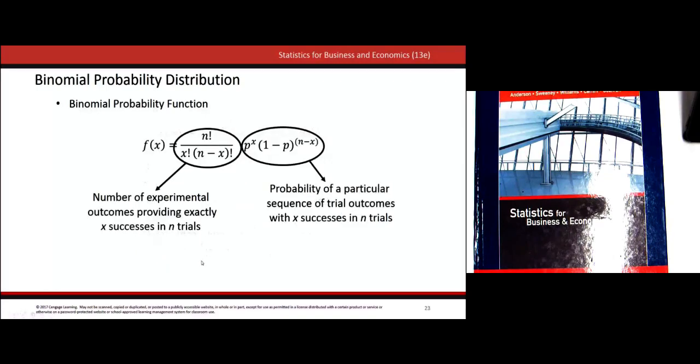So this part is the combination n choose x, which is n factorial over x factorial times n minus x factorial. This part gives the number of experimental outcomes providing exactly x successes in n trials. And this part gives the probability of a particular sequence of trial outcomes with x successes in n trials.